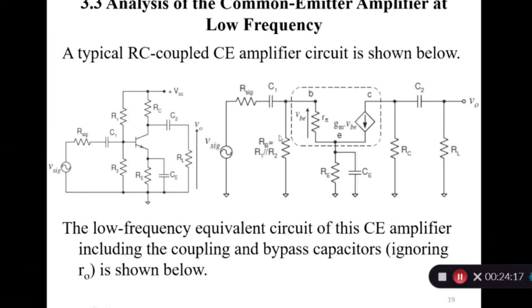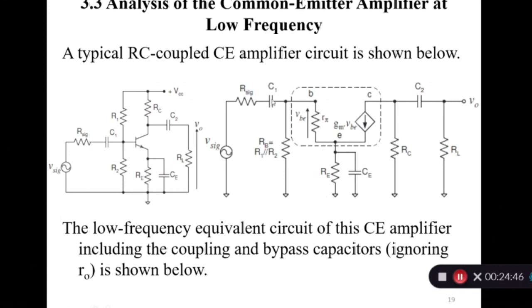Again, we are going to find the poles. Then we will try to find the frequency for the low frequency side. Now this is the circuit. First, on the left hand side, what is the condition? If you are looking from C1, short circuit other capacitors. Short circuit. So if it's short circuit, no need of RE. So it means this R pi is connected to ground.